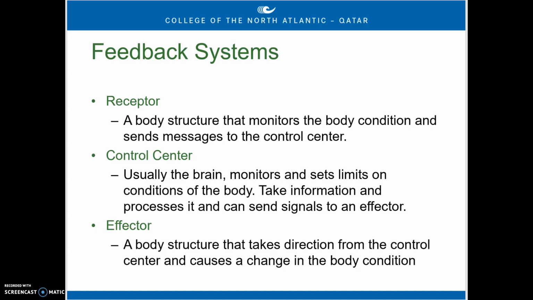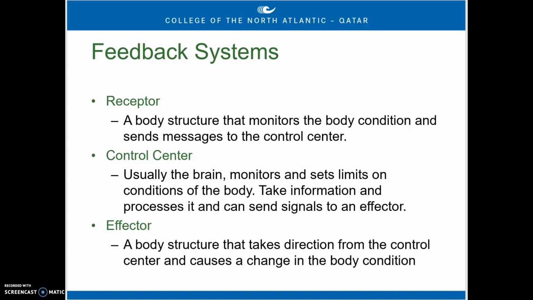The control center receives all this information from the receptors, and it makes decisions based on the condition of the body. The effector is some structure in the body that will take direction from the control center, from the brain, and cause a change that will help get the body back to that normal range where it works. So these three things work together to give us our feedback system.